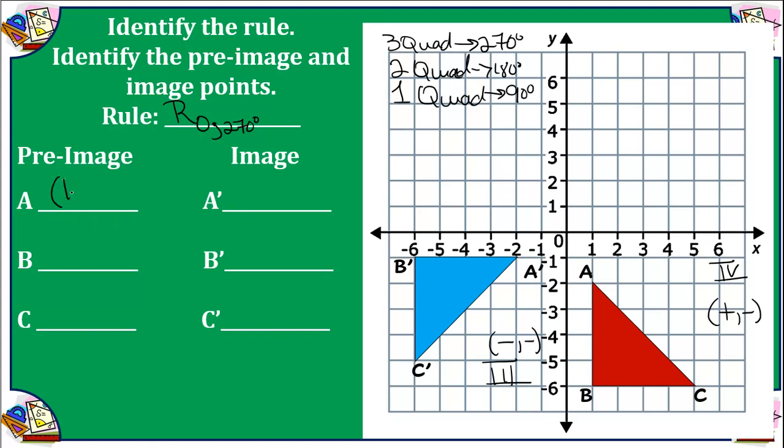So our A is (1, -2), B is (1, -6), and C is (5, -6). So the rule when we're doing 270 is that the x values are negated, the y values stay the same, but they switch positions. Sometimes this is how I like to do it: I know that my y's going 270 counterclockwise stay the same, they just move to the x coordinate position. So I just write those in, and then my x coordinates change to their opposite and move to the y coordinate spot.